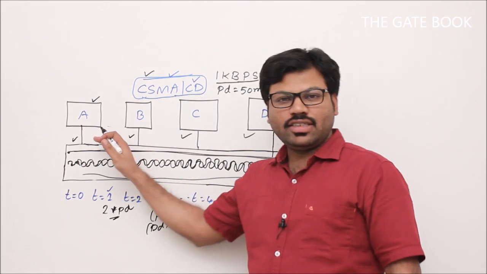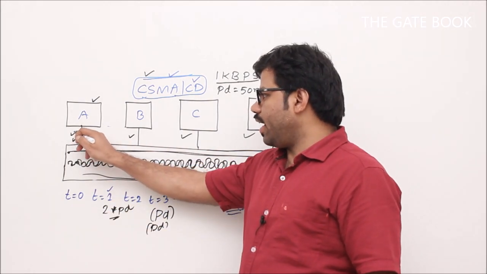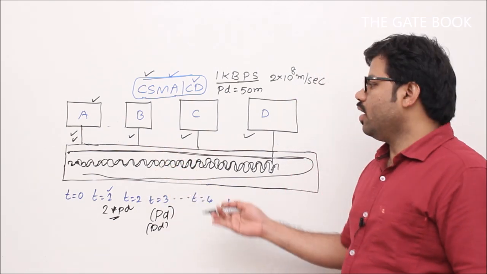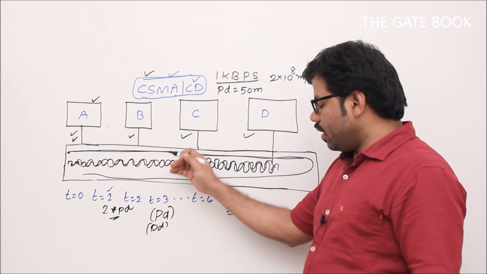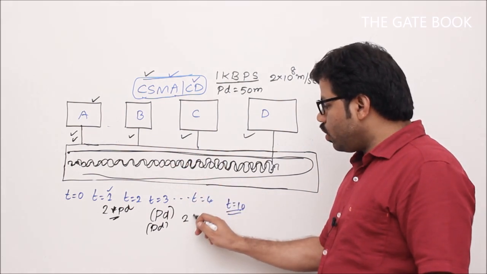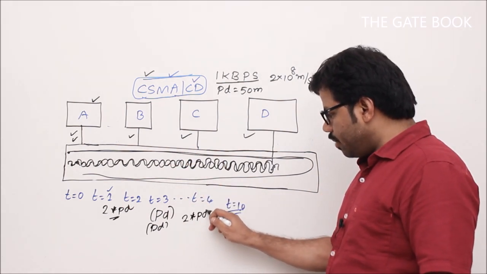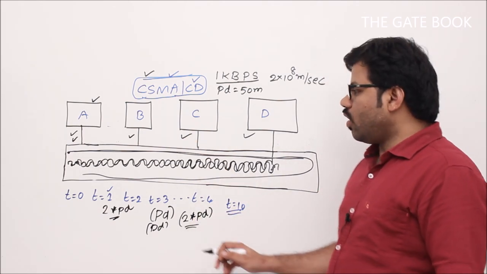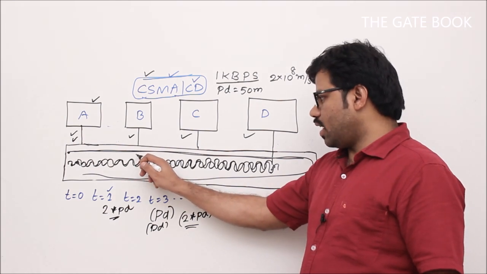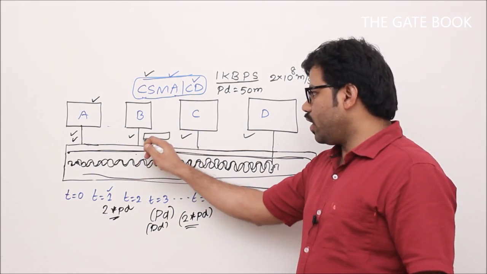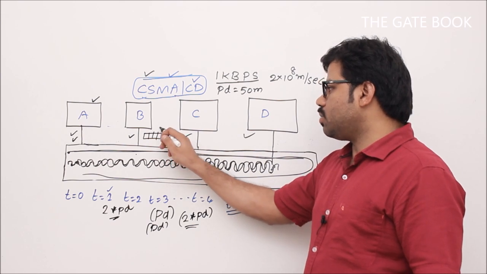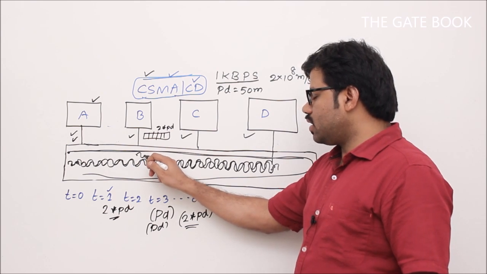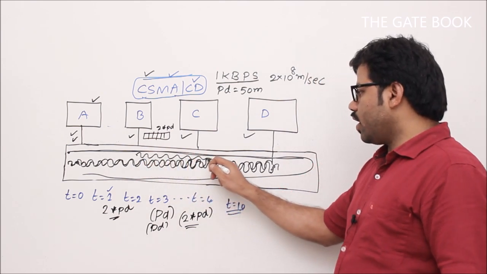Here what I want to say is, if you cover the case for A, then just observe for B. Automatically that will be satisfied by B. Example, any system has a message of 2 into propagation delay duration, that means whose transmission time is 2 into propagation delay. Say B starts such a message, then it will go like this, correct?